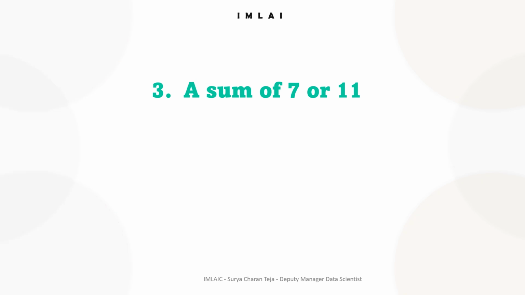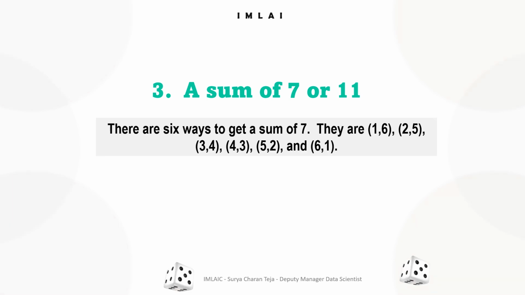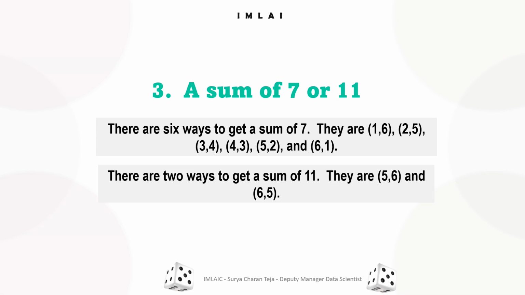So the third question, a sum of 7 or 11. Even if you get a sum of 7, that's fine, or 11. So there are 6 ways to get a sum of 7: 1 6, 2 5, 3 4, 4 3, 5 2 and 6 1. Similarly there are 2 ways to get a sum of 11: 5 6 and 6 5. Obviously now we have 2 events.